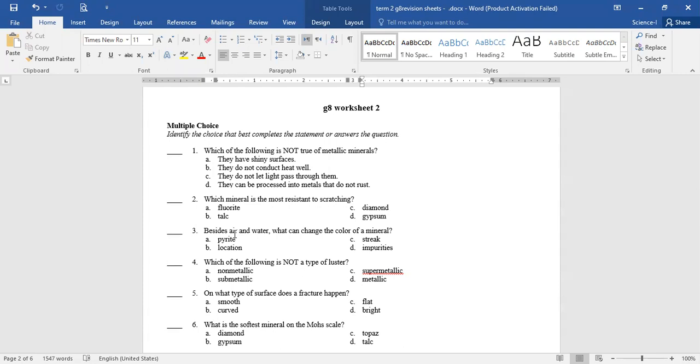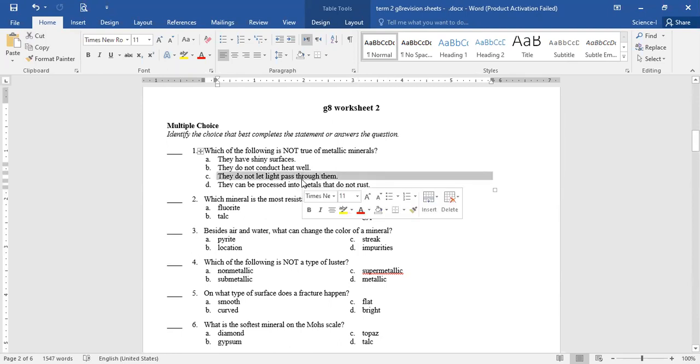Okay, so here, which of the following is not true of metallic minerals? Yes, Maya? C. They do not let light pass through them. Sorry, Mister, I think this is B. No, I think it's B. Here we said that the metallic minerals could conduct heat and electricity, and they have shiny surfaces.